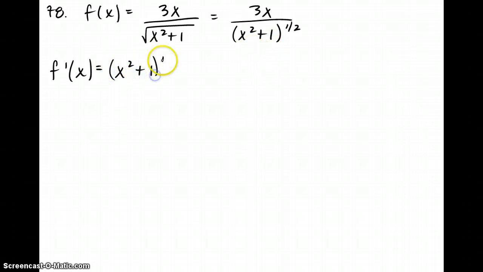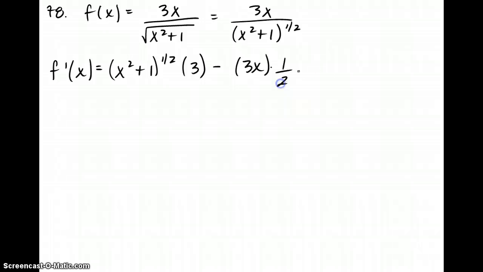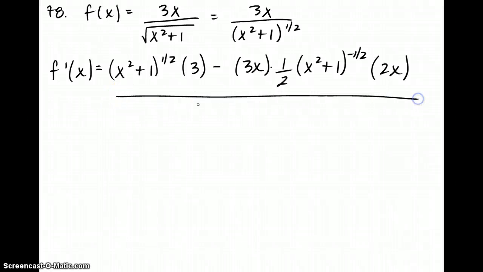Bottom function times the derivative of the top minus top times the derivative of the bottom. So deriving something to the 1/2 power, bring the 1/2 out front, subtract 1 from the exponent, and then multiply by the derivative of the inside, all divided by bottom squared.